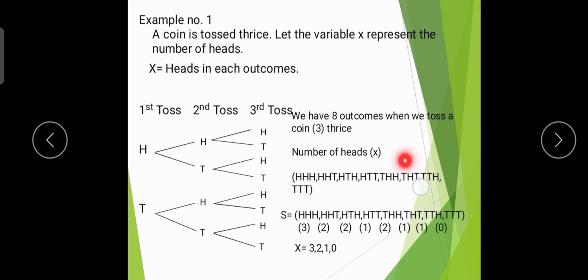Pwedeng wala. So, sample space, ganyan lang yan. Ang nakuha nating possible outcomes ay pwedeng 3, pwedeng 2, pwedeng 1, pwedeng wala. So, the value of X will be 3, 2, 1, and 0.